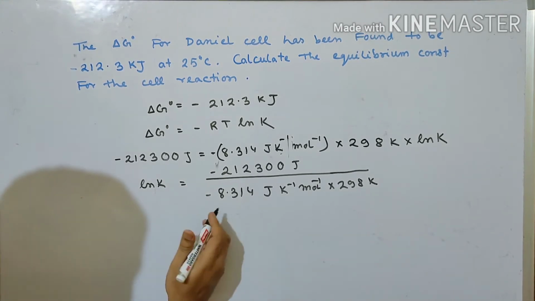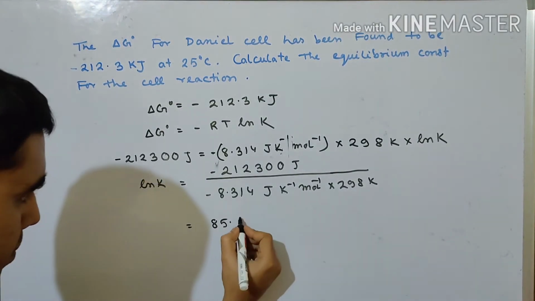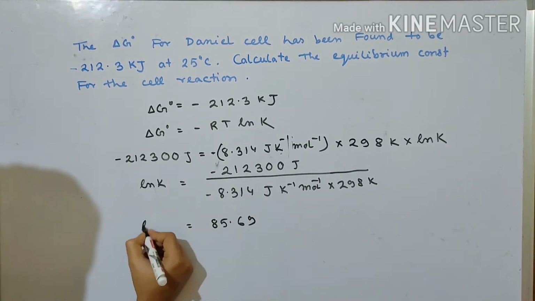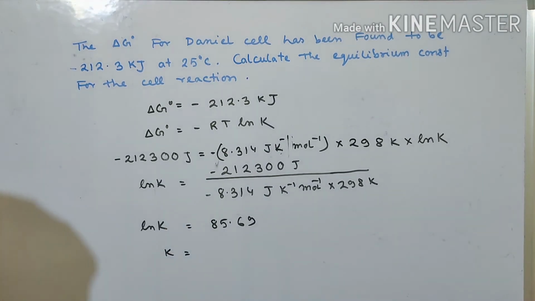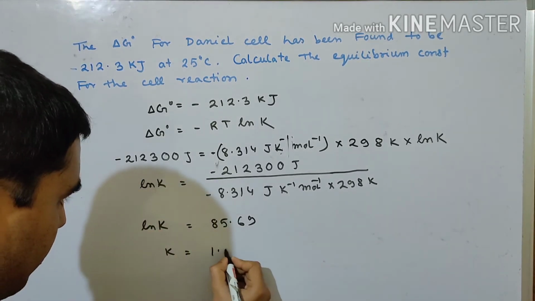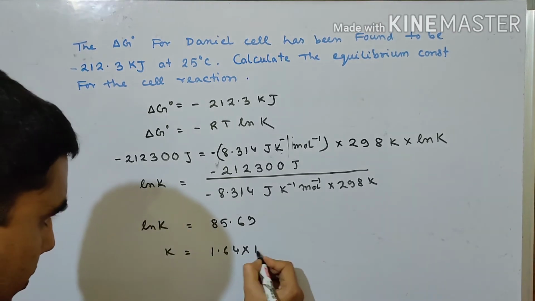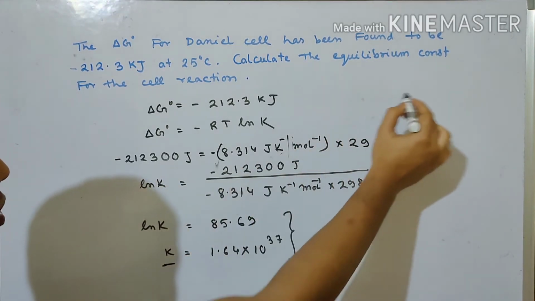From here we are getting 85.69 as per my calculation. That is ln K. So if we take the antilog, we will get 1.64 into 10 to the power 37. This part isn't important, we are taking antilogs only. The important thing is to understand this part.